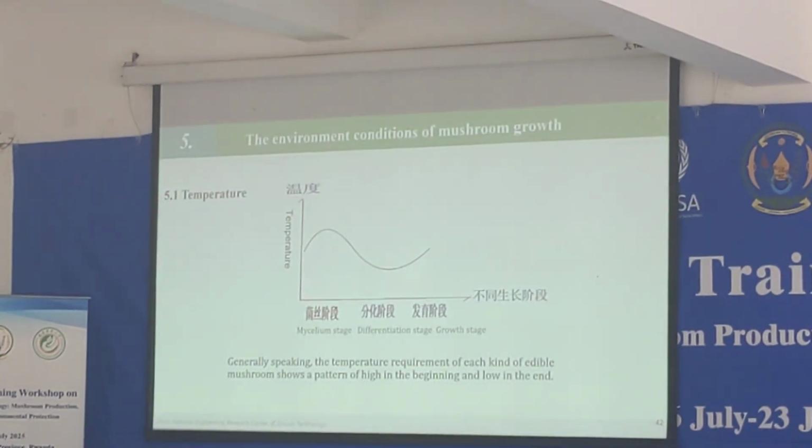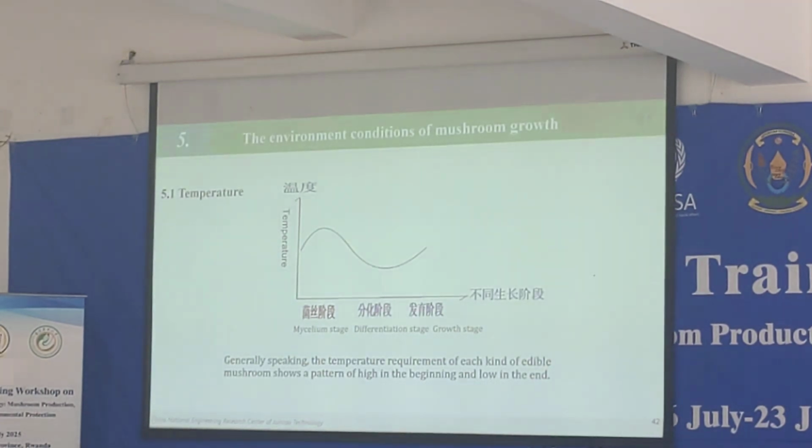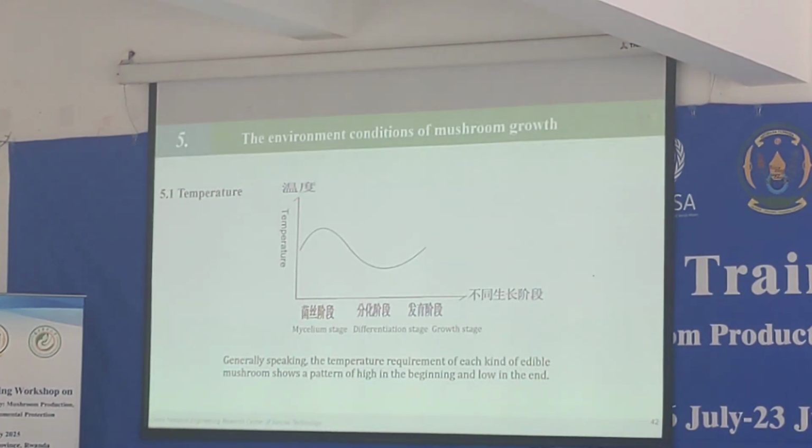In the beginning stage, the temperature is higher because of fermentation. When we package the substrate into bags and put them together, it's like a fermentation. The temperature will go up. After the mycelia grow and use the substrate, the temperature will get lower.